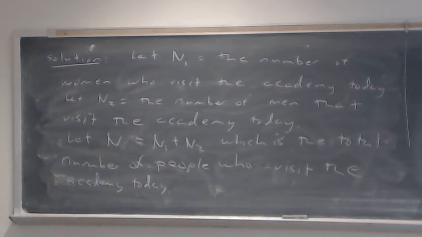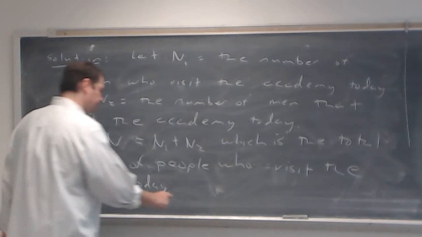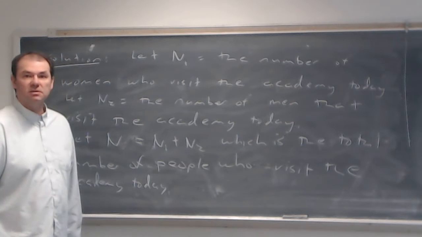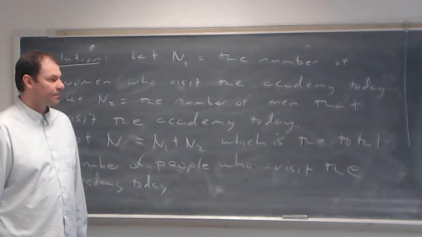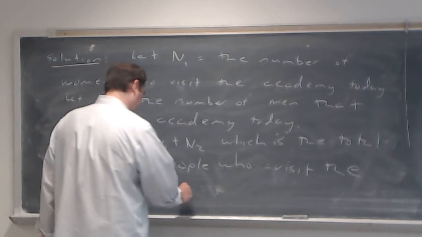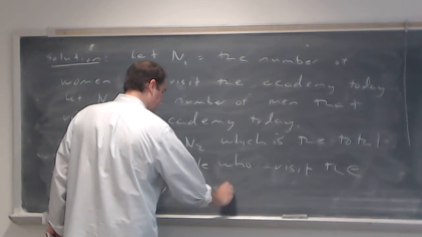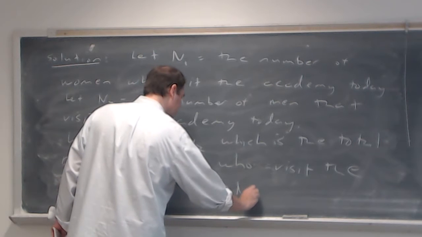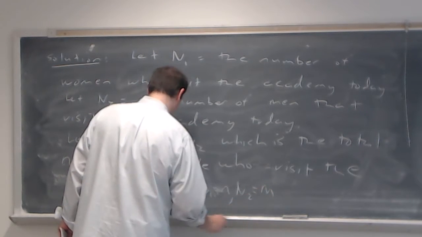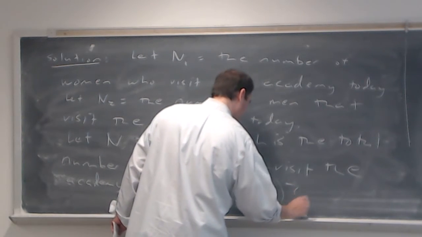And what we're looking to find is the joint PMF, okay? We're looking to find the probability that N sub 1 equals n and N sub 2 equals m. That's what we're looking for.